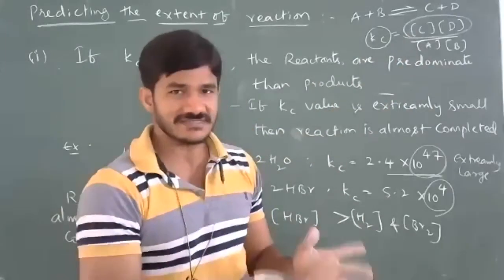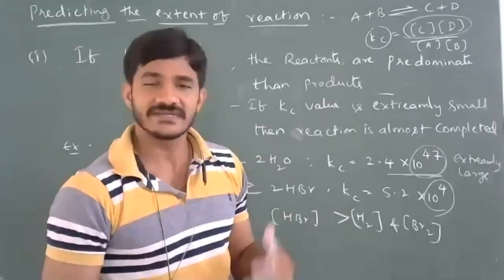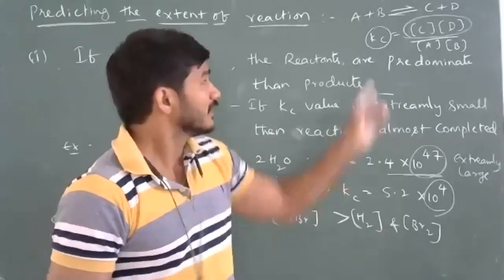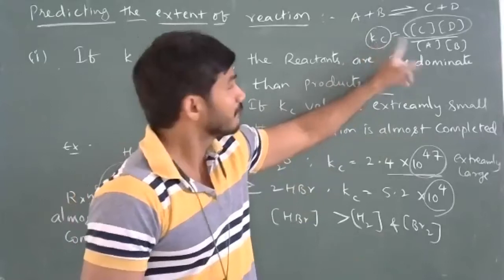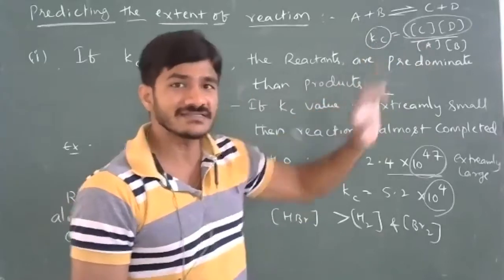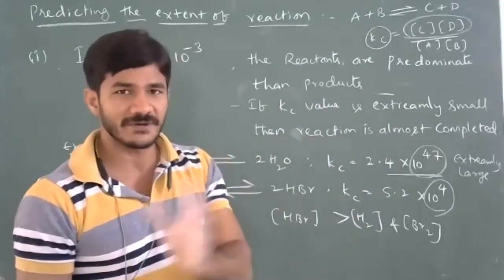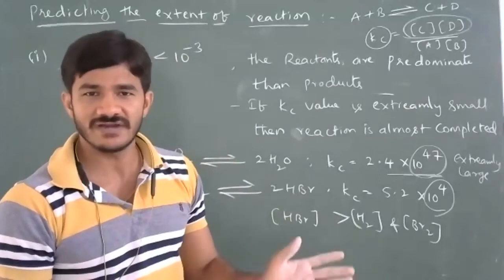When reactants are just as they are, they are not going to convert into products. When Kc value is extremely small, reactant concentration is extremely high. When reactants are extremely high, they are not going to convert into product formation. The reaction will not proceed.